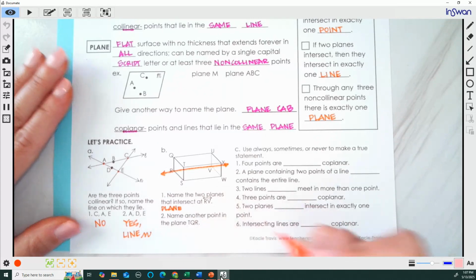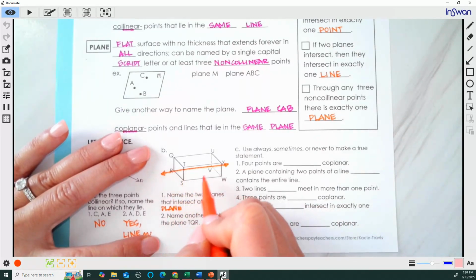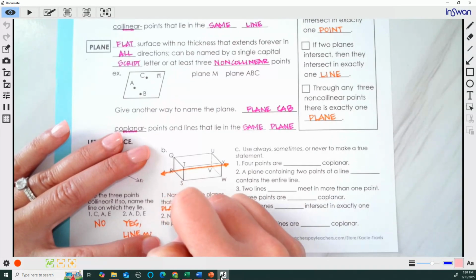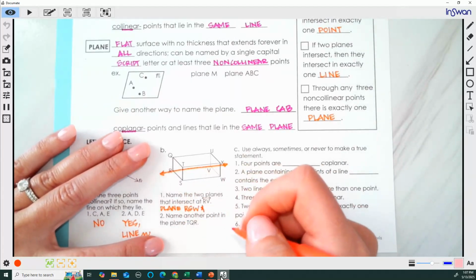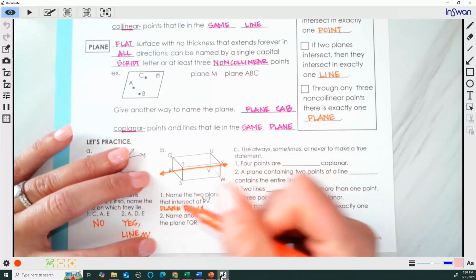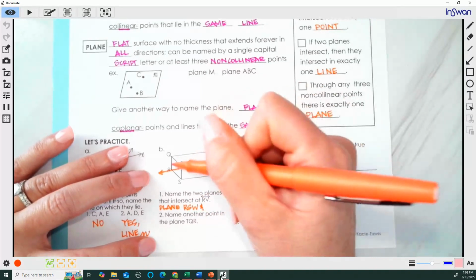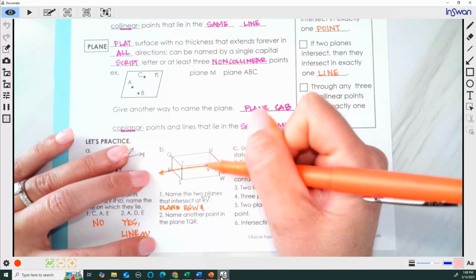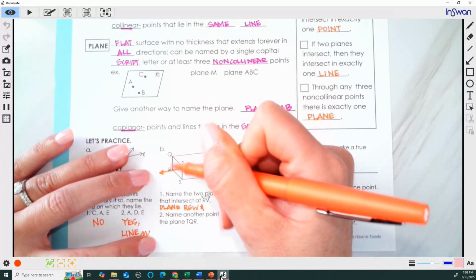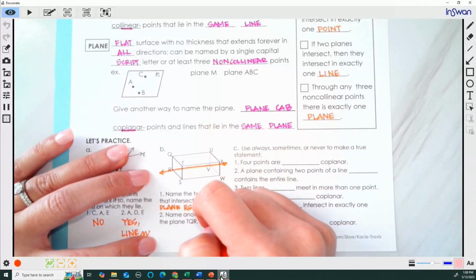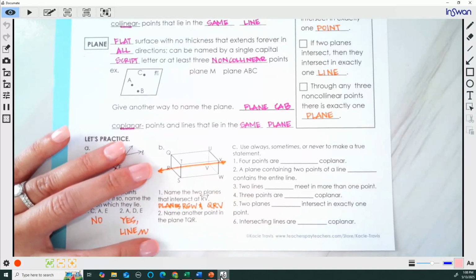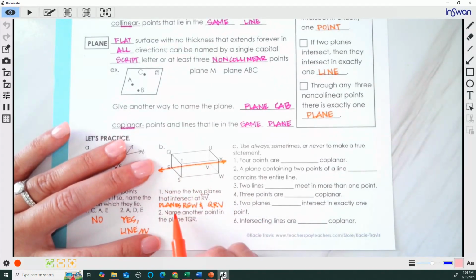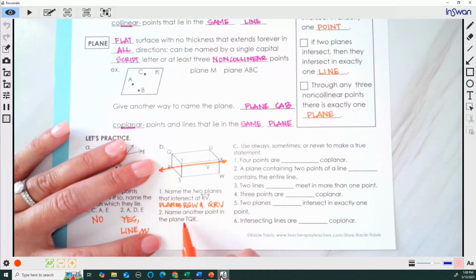I've got to name it with 3 non-collinear points, so we'll go R, S, W. And I'm running out of room to write the word plane, so I'll just say planes, RSW, and then the back plane back here that sits along this back edge will be QRV. So that should say planes, RSW and QRV.